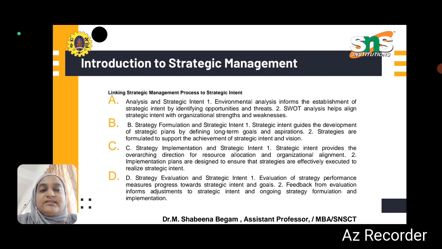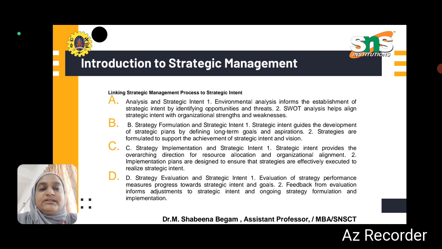Then when we talk about strategic implementation and its intent, the strategic intent provides the overarching direction for resource allocation and organizational alignment. So aligning the production process units and other things all get supported here.